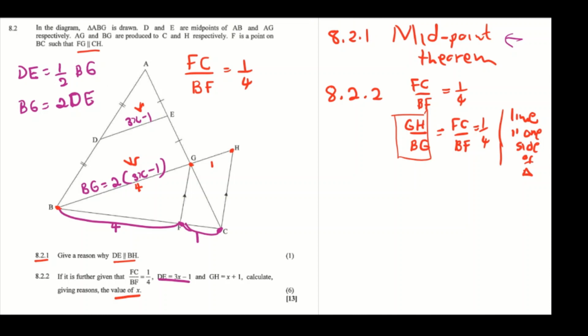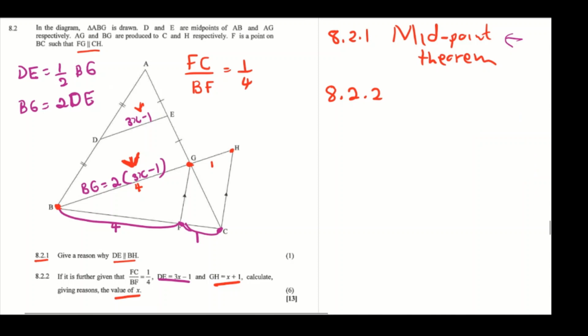We already know the expression of BG, which is this one here that I just indicated. Now we want the expression of GH, which is what we're given here, right? So we have everything now. So you have your ratio of GH over BG, which is equal to 1 over 4. And then you're going to write down that expression in terms of the values of x.